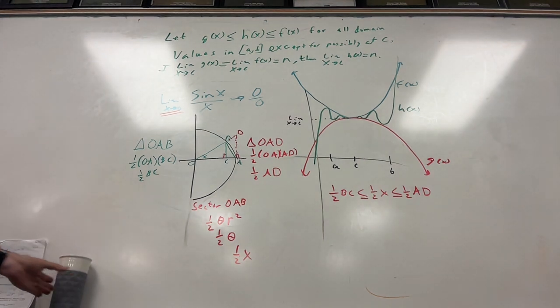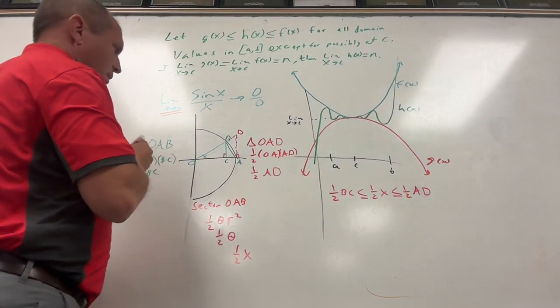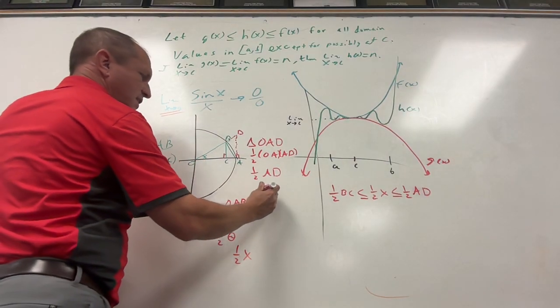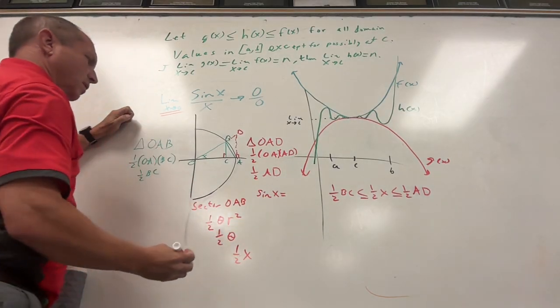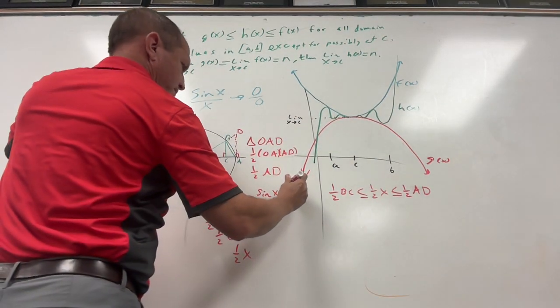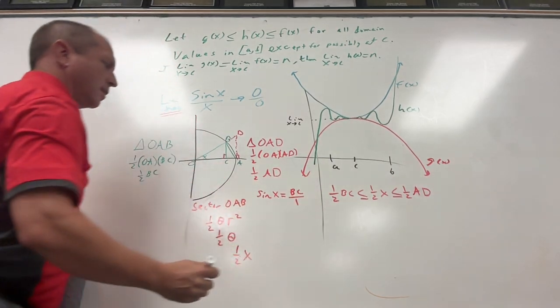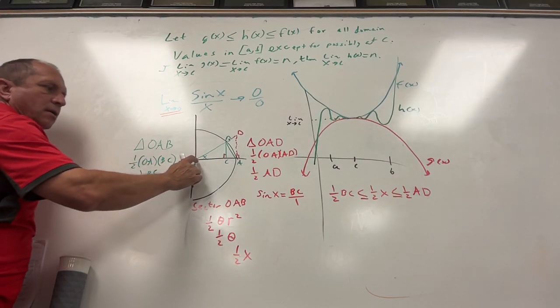Now, let's talk about BC real quick. Would you agree here that the sine of x is equal to BC over 1? In other words, remember, it's opposite over hypotenuse, right?